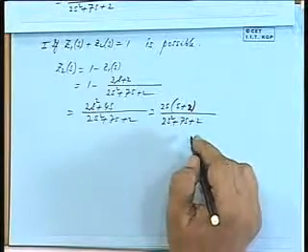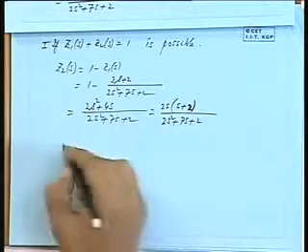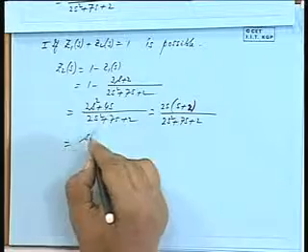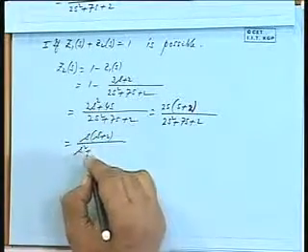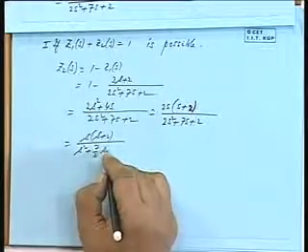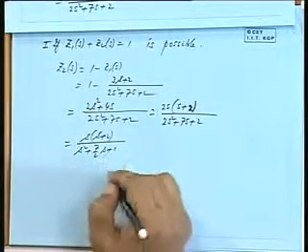Can you compute them? If I take 2 outside, s squared plus 7 by 2 s plus 1.